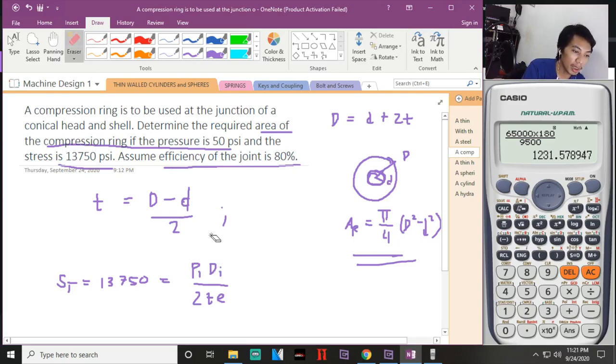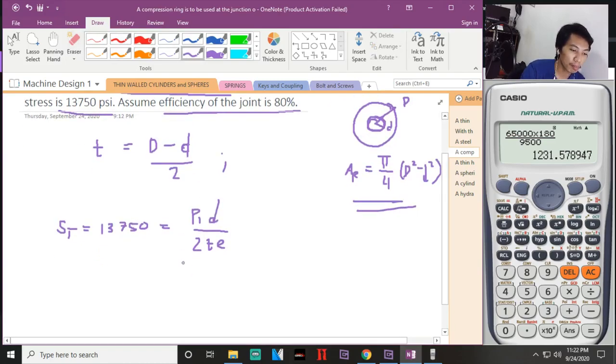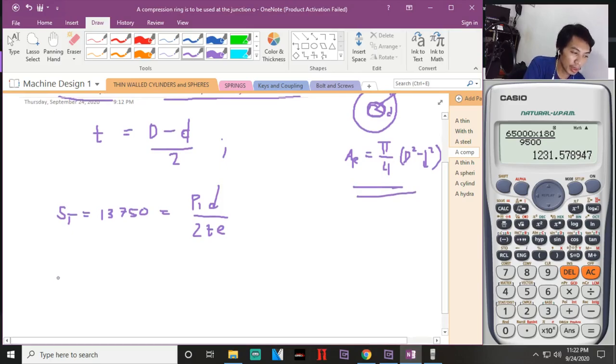Now, we will change this one into smaller d. Yan. Pwede na tayo makasolve na isa. Okay. So, 13,750 equal to P. That is 50 psi times d all over 2 times yung formula mo ng t. That is D minus d over 2 times 0.8.